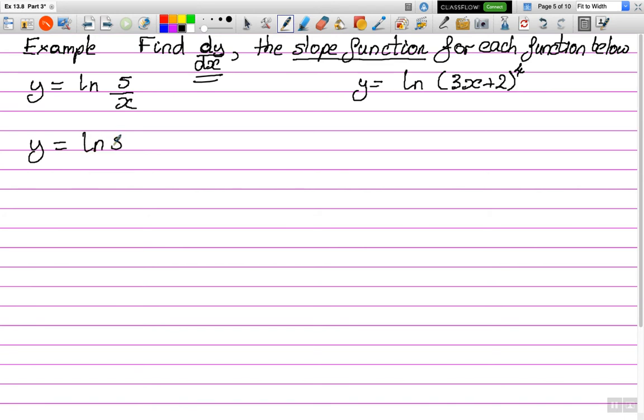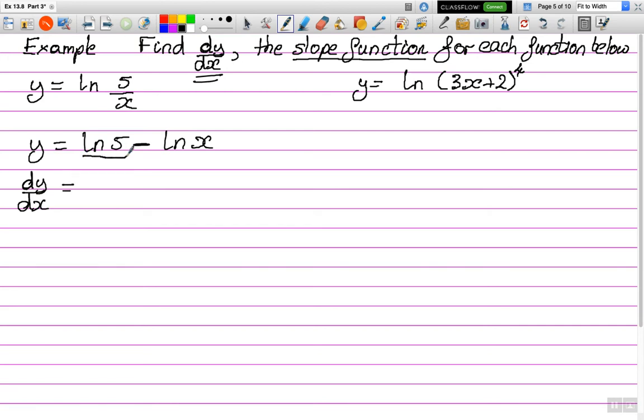So we're going to use the division law, which is log of 5 minus log of x, because log of a fraction is the log of the top minus the log of the bottom. We're now going to differentiate this to get the slope function.